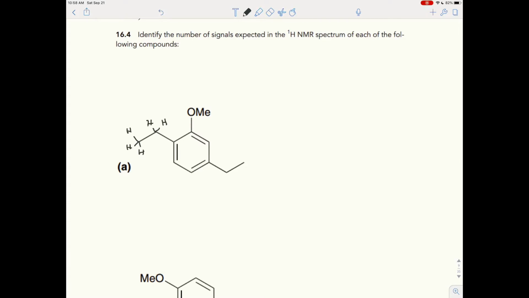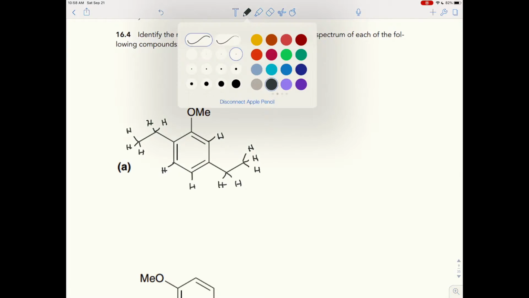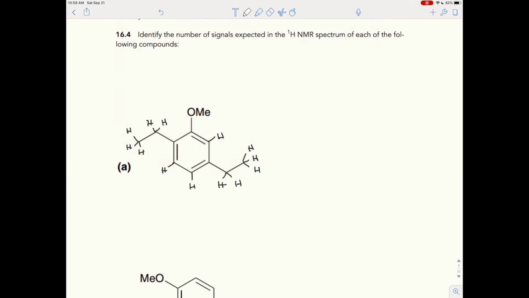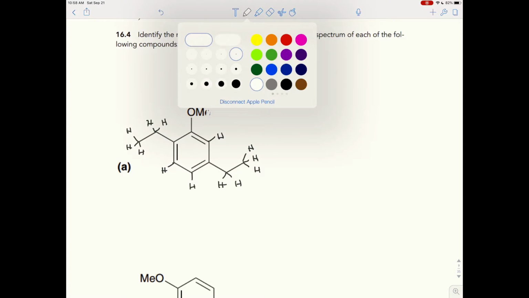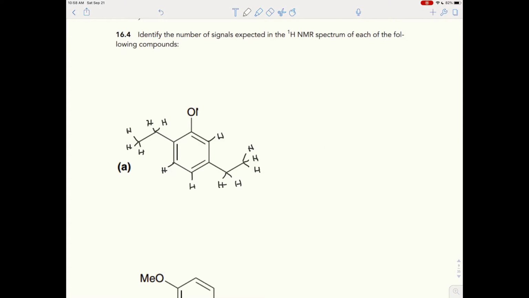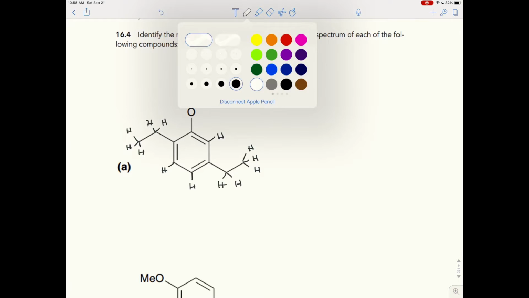So I'll draw in these here. And this methyl, that Me there is standing for methyl, so that's really just a carbon with 3 hydrogens on it. So let me redraw that.